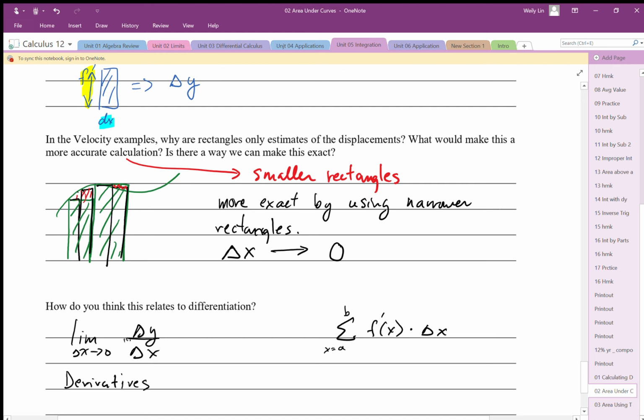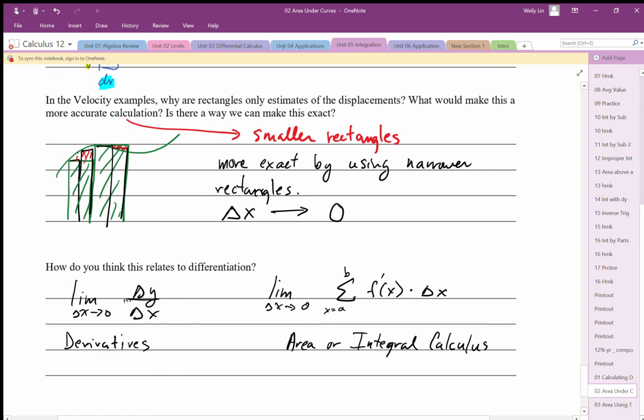And we're just going to make these rectangles go to 0. We're going to let delta x go to 0, and if we do that, we will get exact values because we're making the rectangles narrower and narrower. This is our area calculus, which is called integral calculus, and this is what we're going to start looking at.